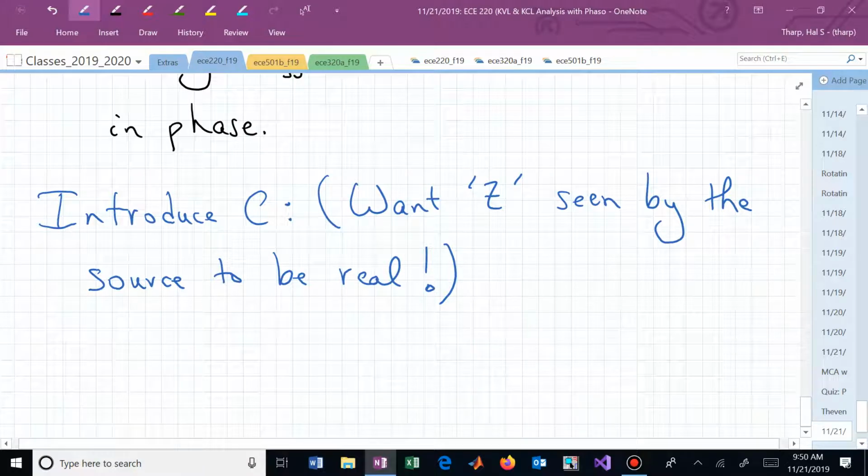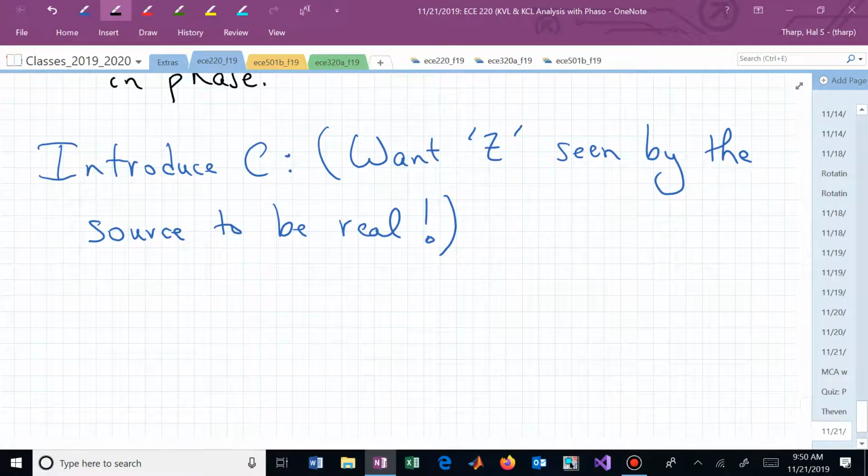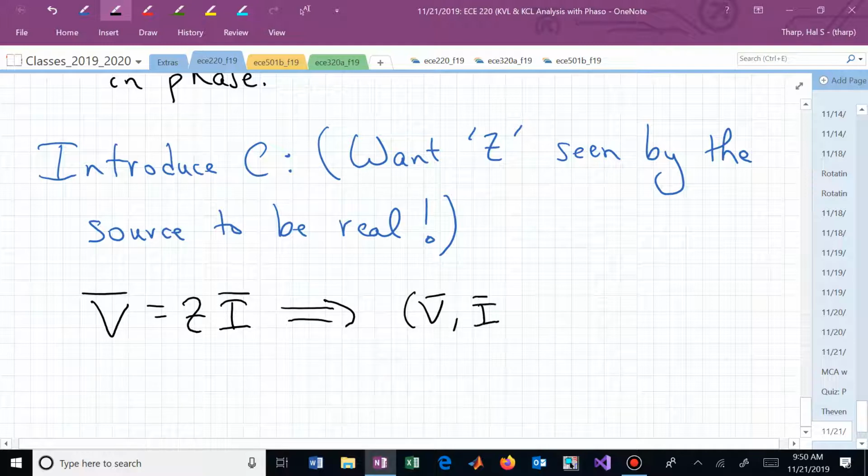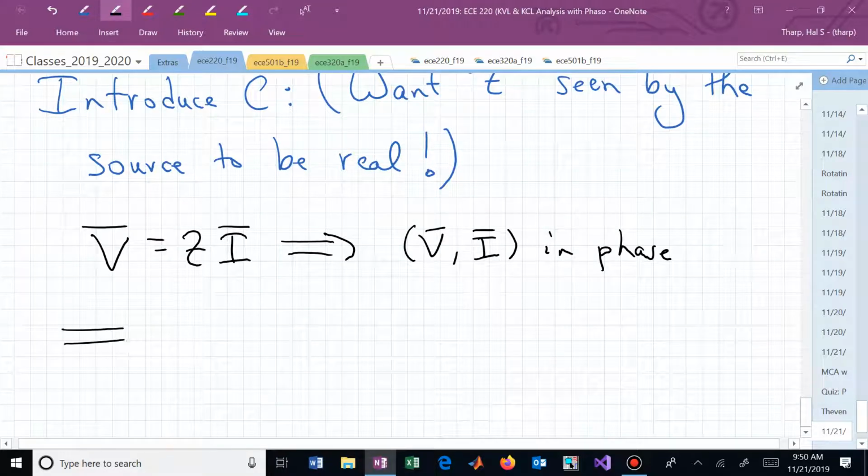That's the idea. And that will then allow us to say, since we know that V from our source is related to the current through that impedance Z, if V bar and I bar are in phase, what's that mean relative to Z?